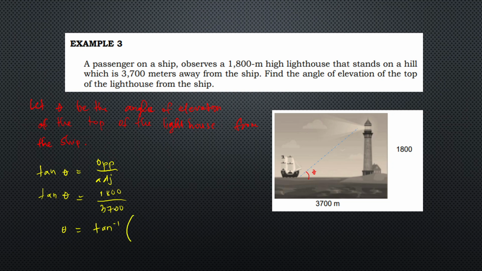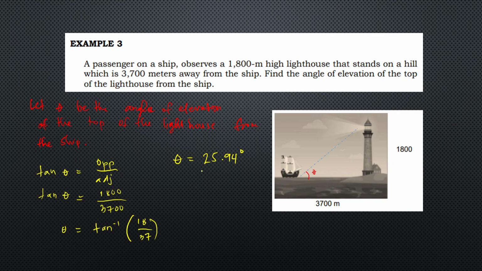Then you can reduce this fraction to lowest term and then input it like this. So what happened to the zeros? I just canceled it out. Okay. And then that will give you roughly theta equal to 25.94.